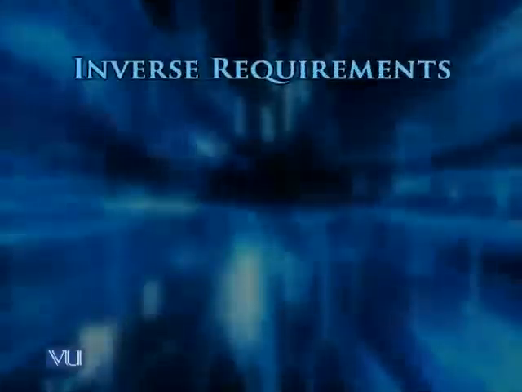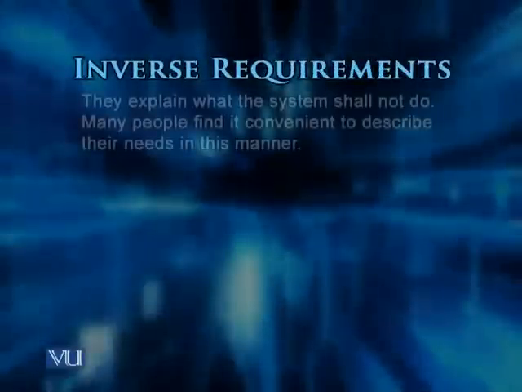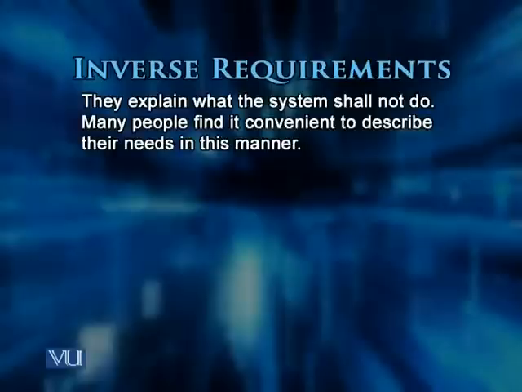The fourth category of requirements was inverse requirements. They explain what the system shall not do. So these are like negatives. These are interesting requirements because many people find it convenient to describe their needs in this manner.